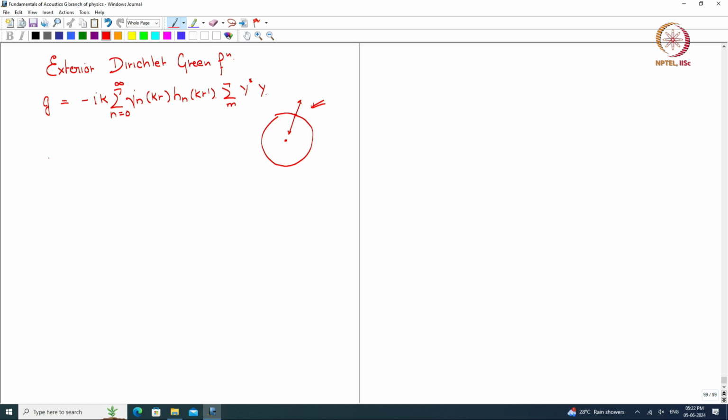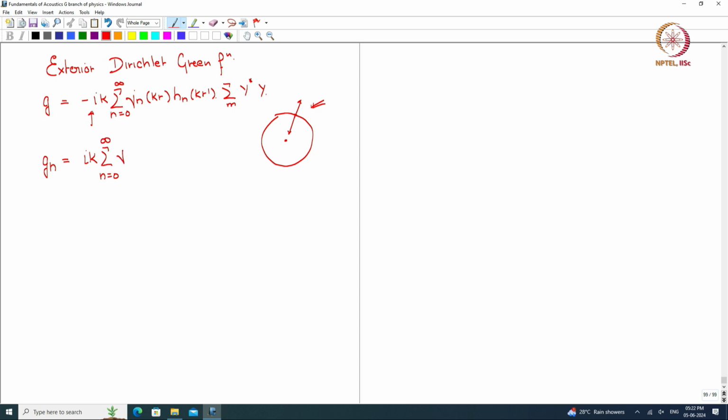Now I choose my G_h so that I have i k, they have to sum to 0, summation n equal to 0 to infinity.